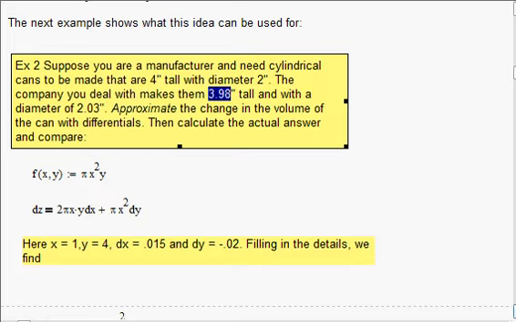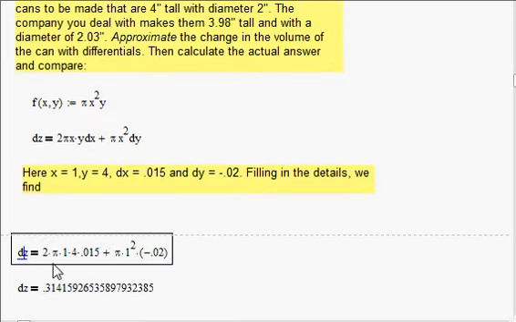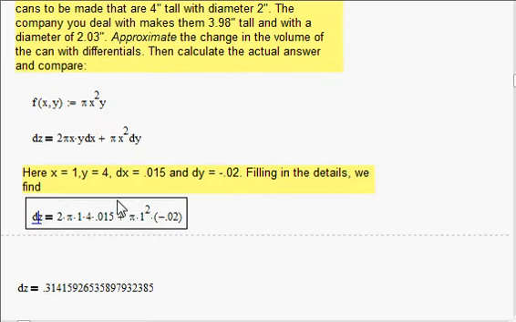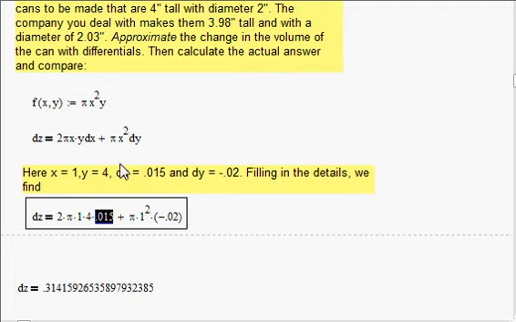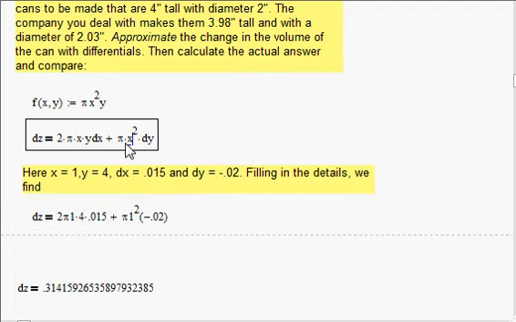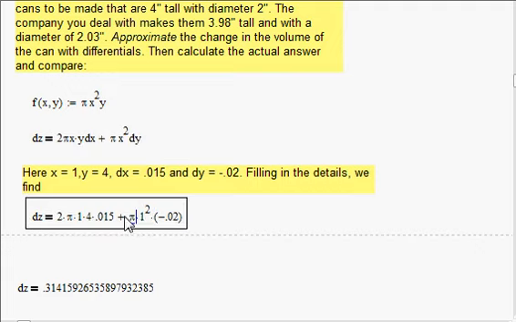So filling in a few details, we'll find the total differential is 2 times pi, that's from our formula, times x, which is 1, times y, which is 4, times dx, which is 0.015, plus pi times x squared times dy, that's pi, times x, which is 1, squared, times dy, which is negative 0.02.